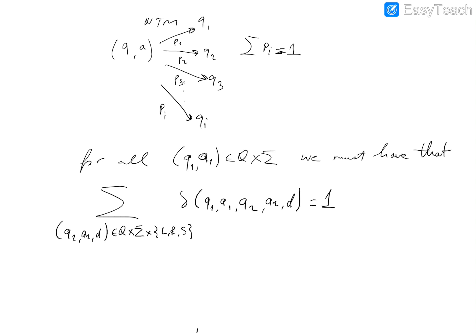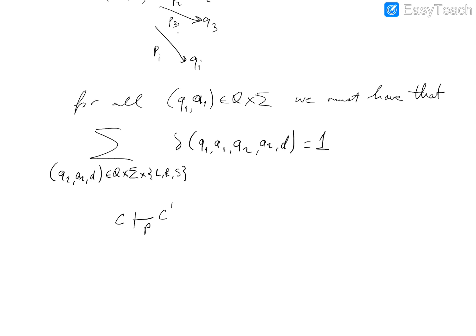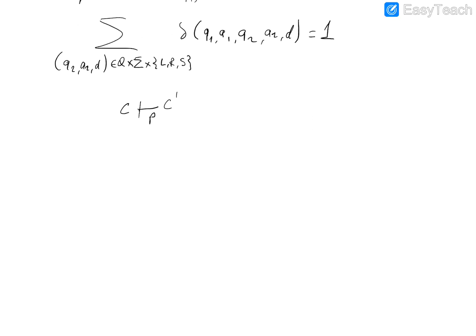If a configuration C yields another configuration C prime with probability P, we denote this by C yields C prime with probability P. And if we have a sequence of configurations, so let's suppose that C0, C1, up to CT is a sequence of configurations such that the probability of Ci yielding Ci plus 1 is Pi plus 1, for each i.